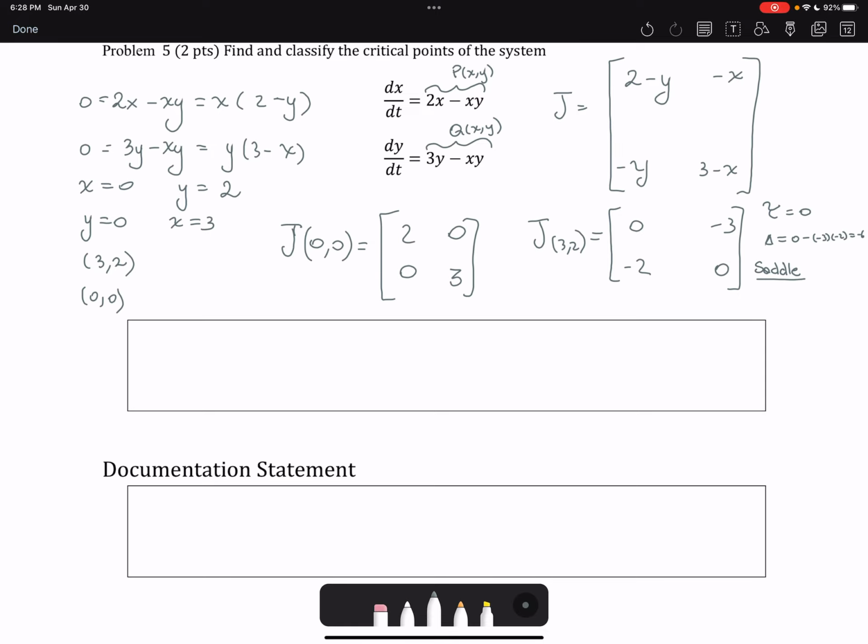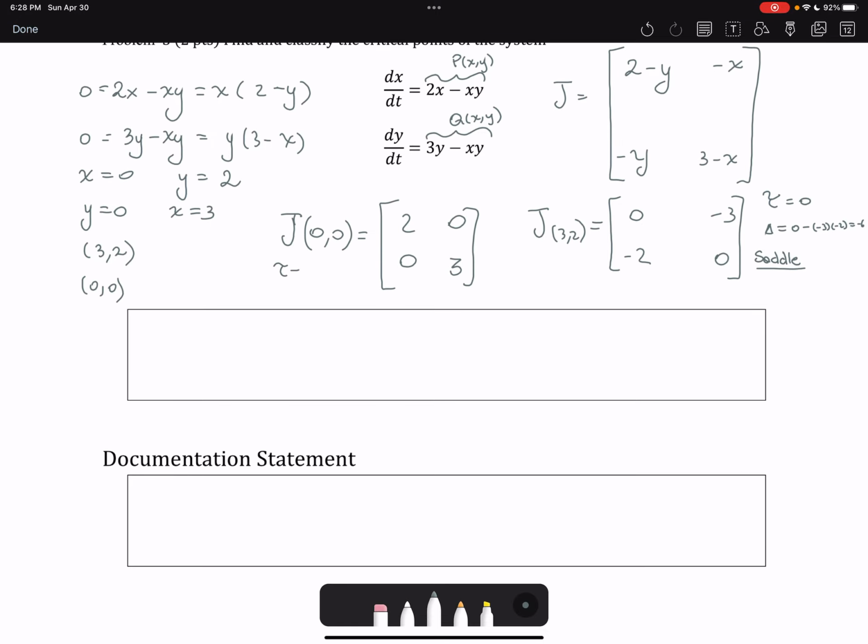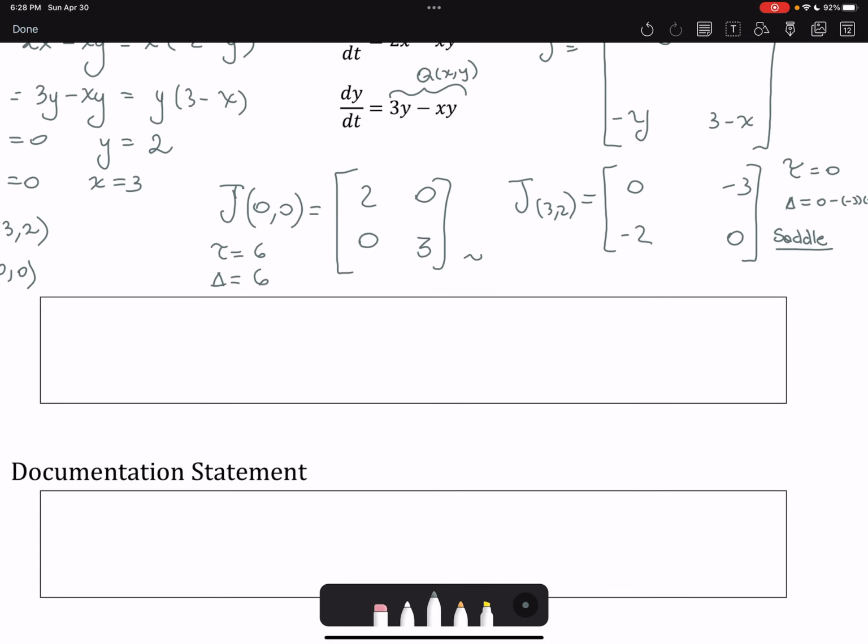For this one, we can say that the trace is equal to 6. The determinant is equal to 6. So is t squared minus 4 times the determinant. That's going to be 36 minus 24, so that's going to be positive, and it's going to be 12.